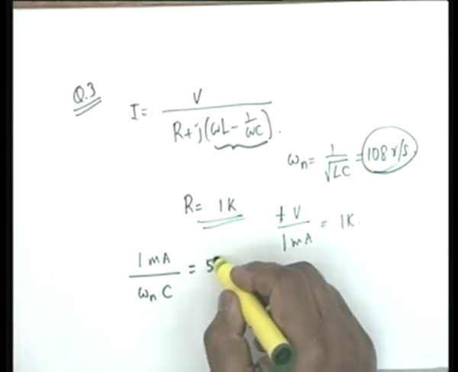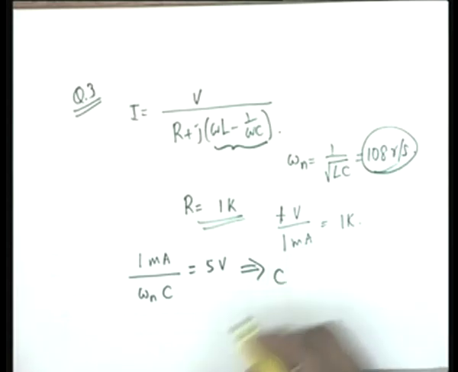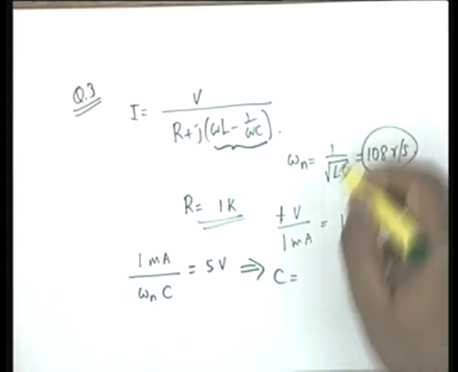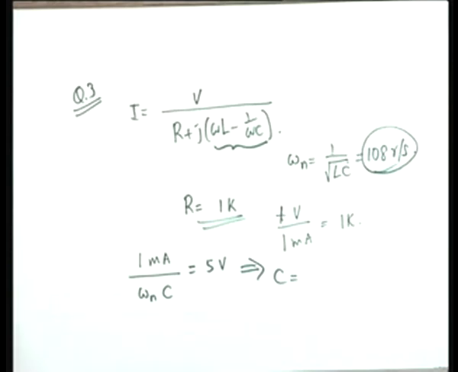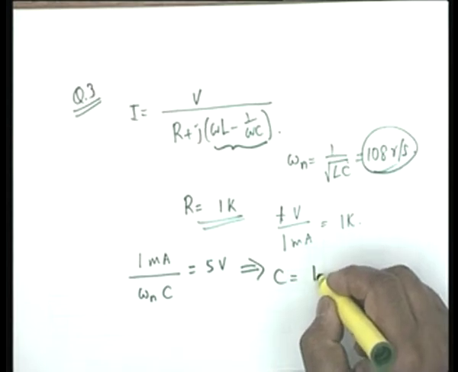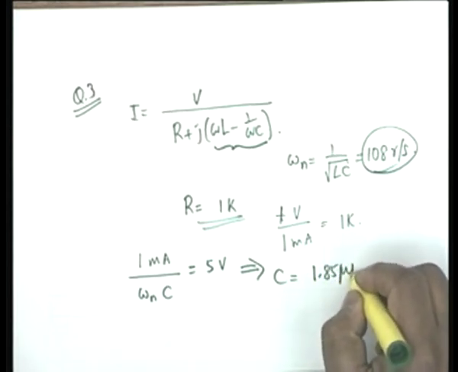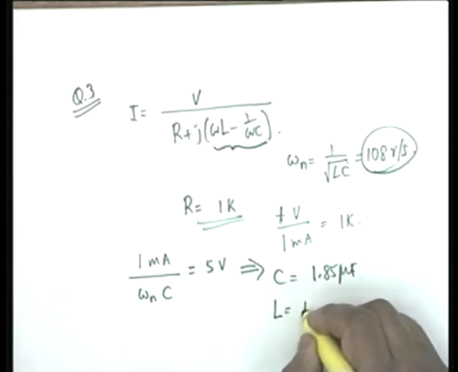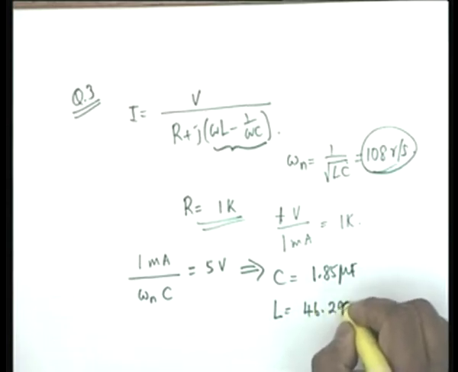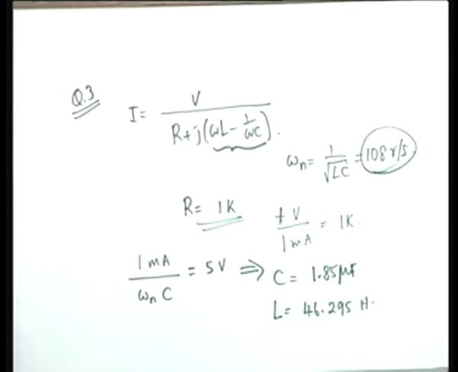This is equal to 5 volt, from which you can find out C. And if you find C, then you know L. My calculation gives C as 1.85 microfarad and L as 46.295 Henry. I hope I am correct. So, I found out all the parameters of this single tuned circuit.